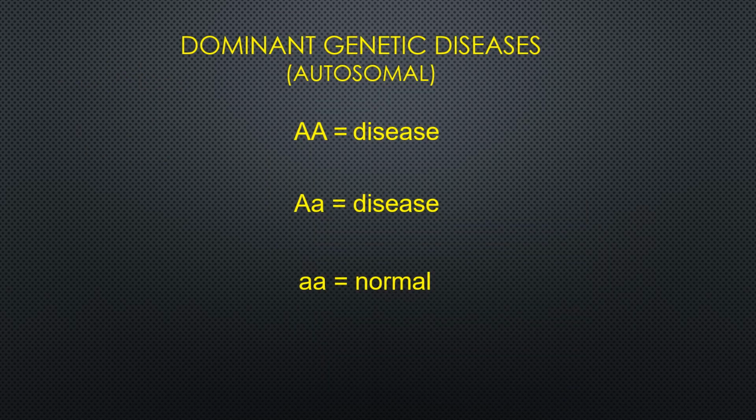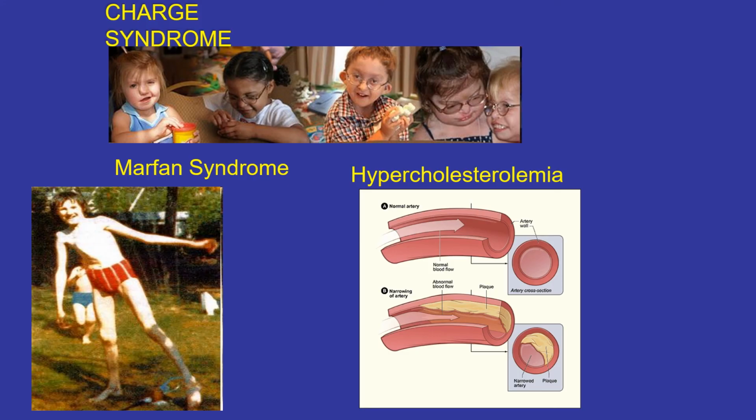Okay, so what about dominant autosomal diseases, where the dominant trait means that you're expressing the disease whether you are homozygous or heterozygous, and the only way to escape that genetic disease is by being a homozygous recessive? Well, here are just a couple of examples of that.